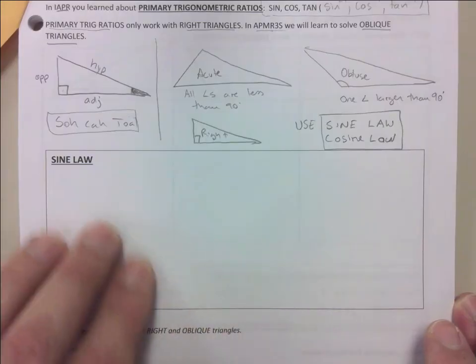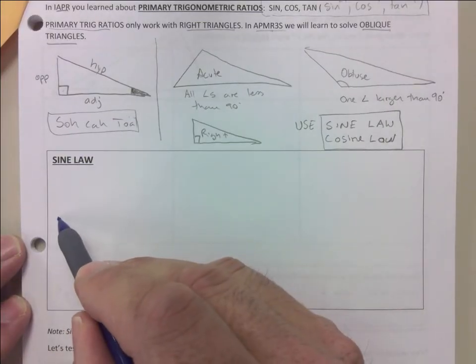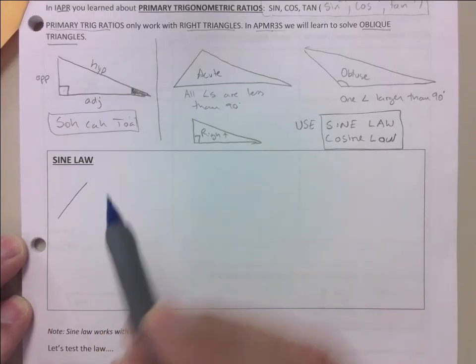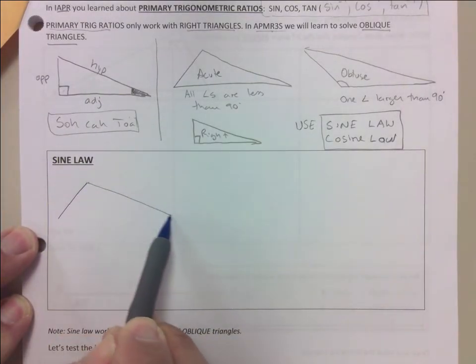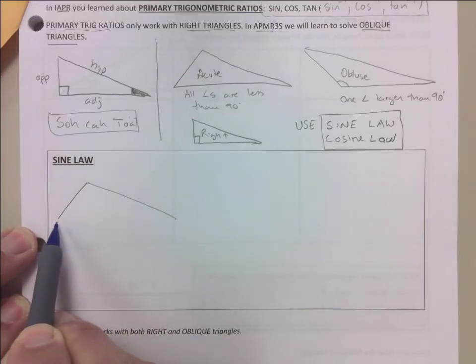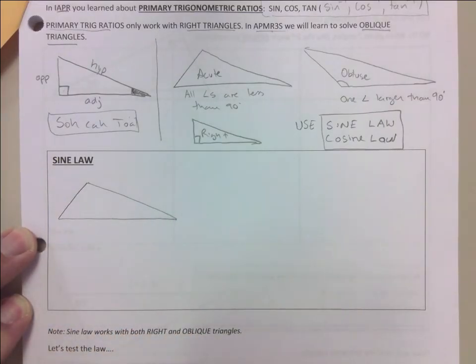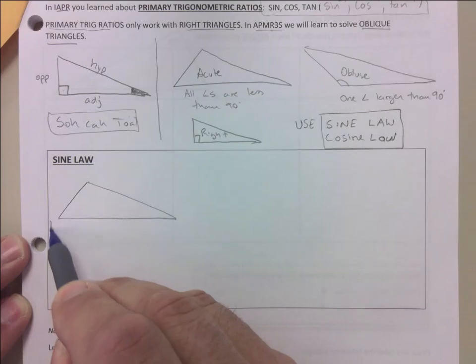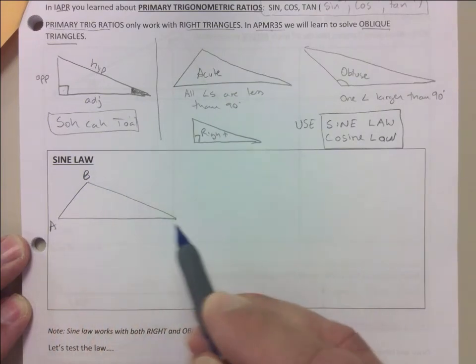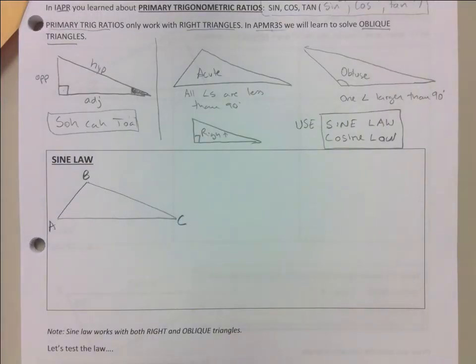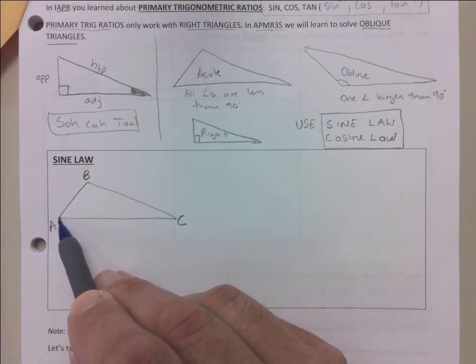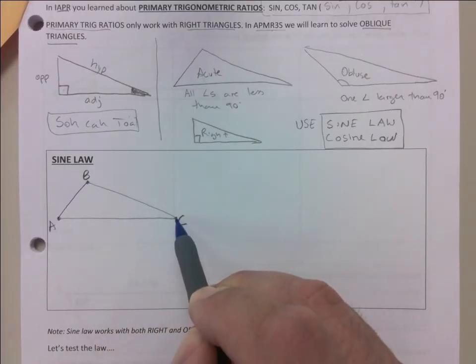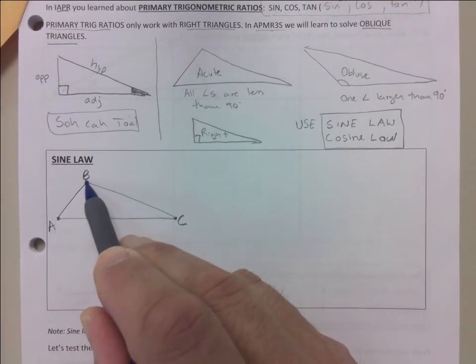Okay, the sine law states this. This is where the formula is going to go in, and I'm going to have a triangle that goes with it. I'm going to make it look like a roof where one side is longer than the other, and I'm going to give it angles A, B, C. When you have formulas with letters, it's just in general, that's what that means. For the corners themselves, or the angles that are formed there, we use capital letters.